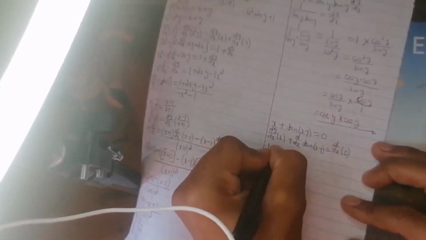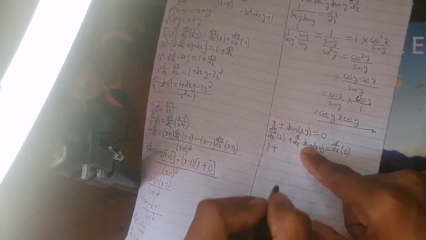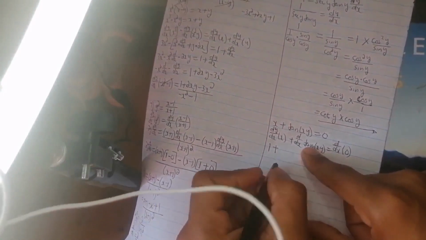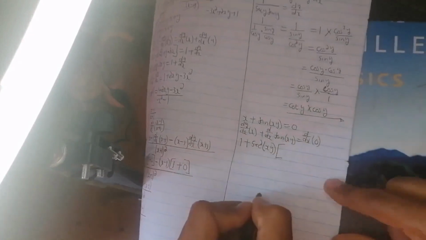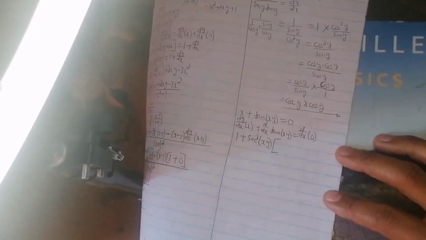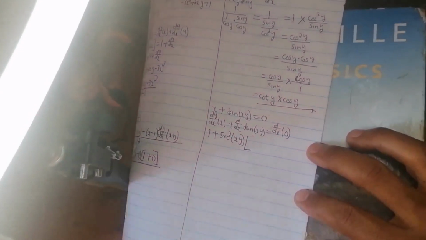So this will be 1 plus. Now, what is the derivative of tan? The derivative of tan is sec squared, hold the angle. Now differentiate the angle. Now when you differentiate the angle, let me just do this very, very quickly.